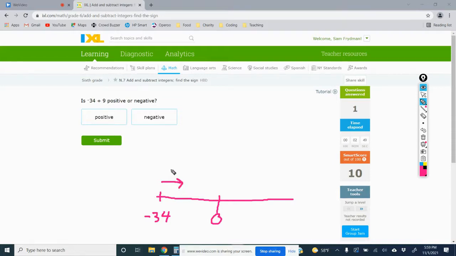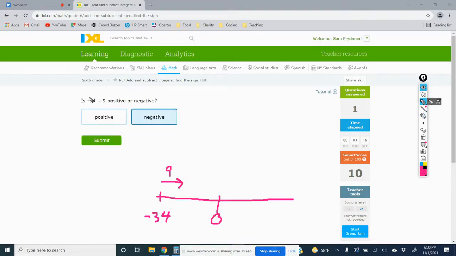That would not be enough to put us back in positive territory, right? If we start at negative 34, then it would take at least 34 spaces to get back to 0, and then 35 or more spaces to get into positive territory. 9 spaces would not be enough, so we would still be in negative territory. And so this is going to be negative.